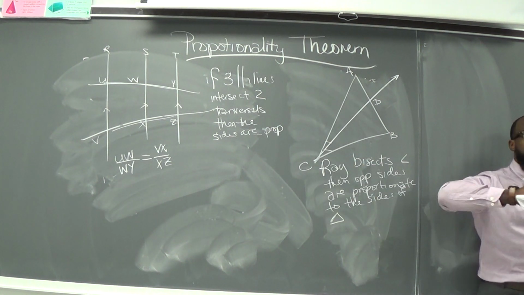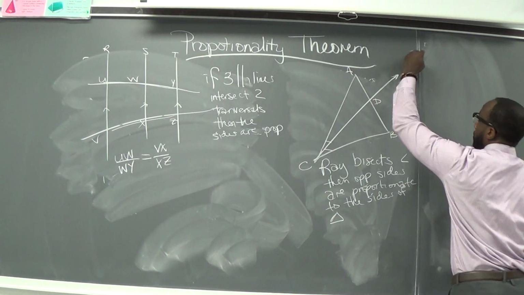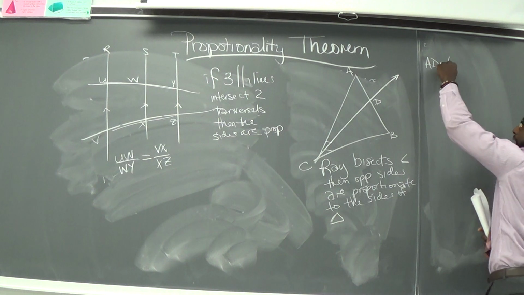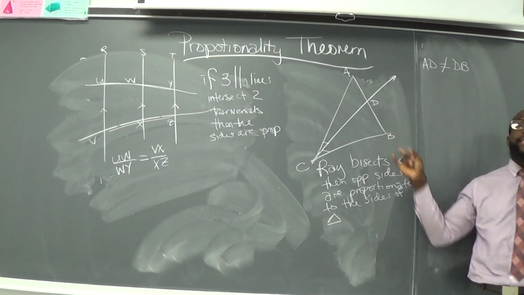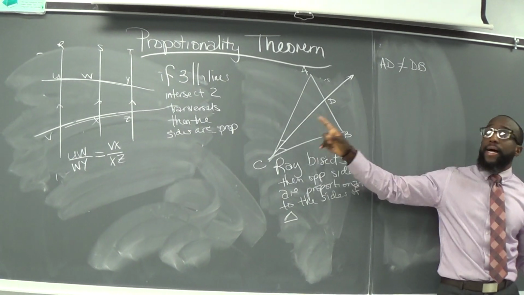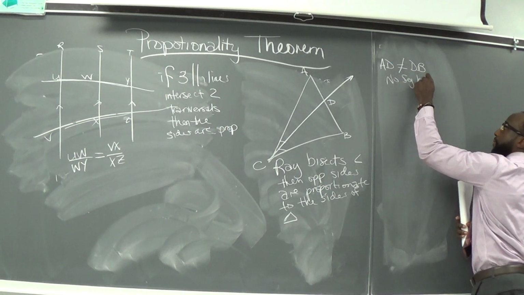That's all it does. It doesn't mean that it cuts this in half. So note, because it's bisecting, it's not saying that AD is equal to DB. It's just an angle bisector, not a segment bisector. Remember that.